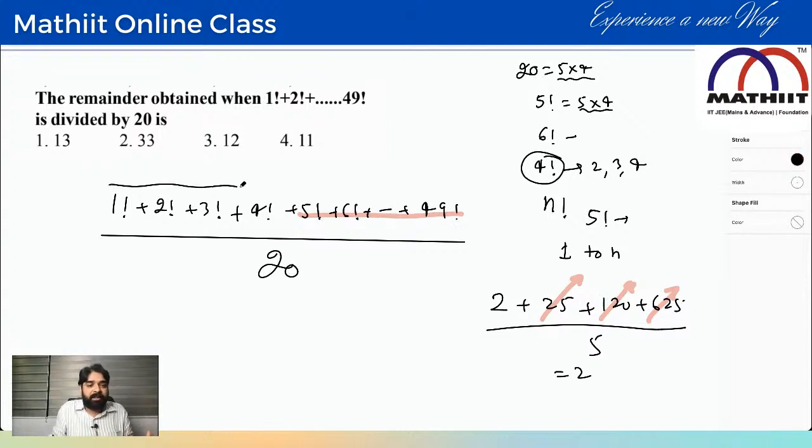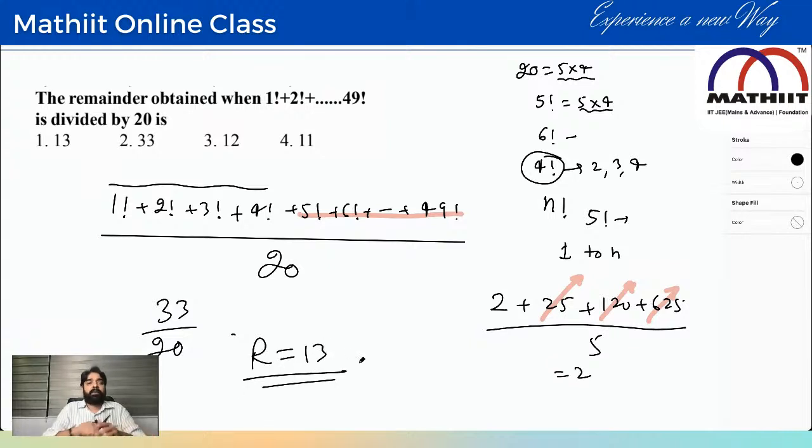Only we have to consider this. It's very simple now. 4 factorial is 24, 24 plus 6 is 30, 30 plus 2 is 32, plus 1 is 33. So this is actually 33 by 20. So the remainder will be what? The remainder will be 13. So the answer will be option A.